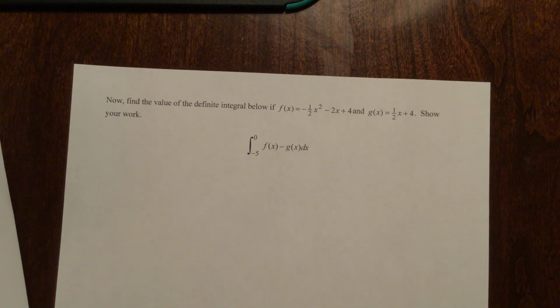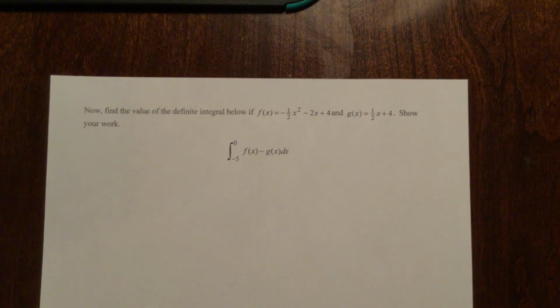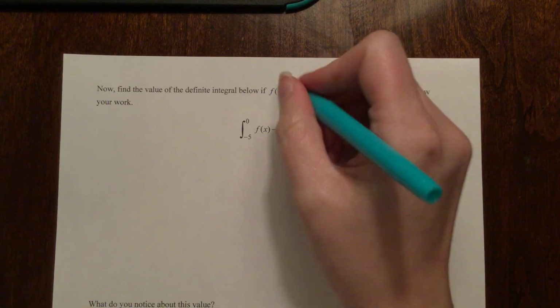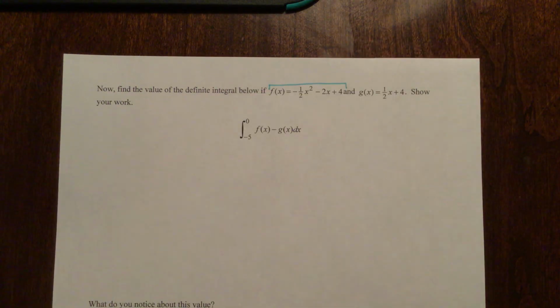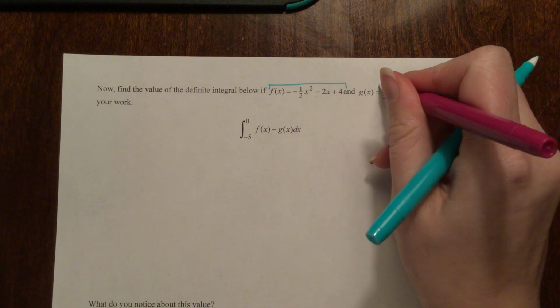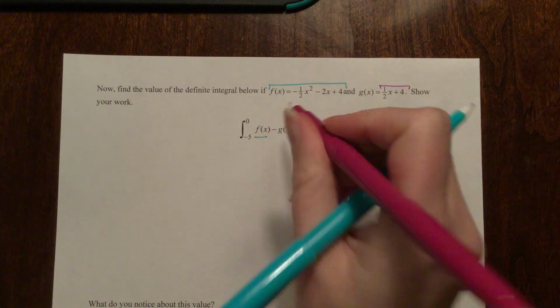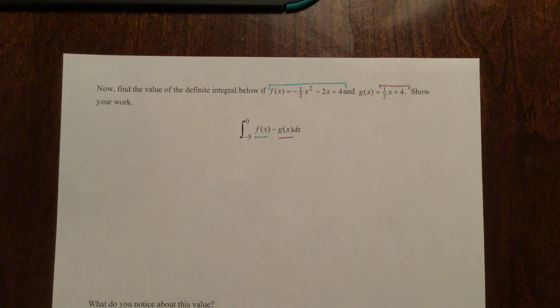Next. Now we're going to find the value of the definite integral below if f of x equals 1/2 x squared minus 2x plus 4 and g of x is 1/2 x plus 4. So these are the same f and g as we had before. I'm going to stick with blue for f and pink for g for as long as we need to. Okay, so it is f minus g.